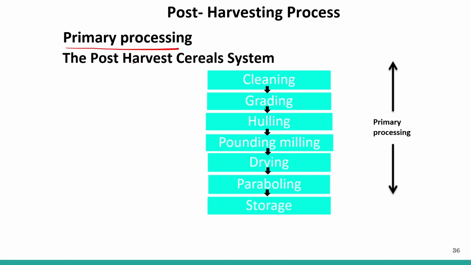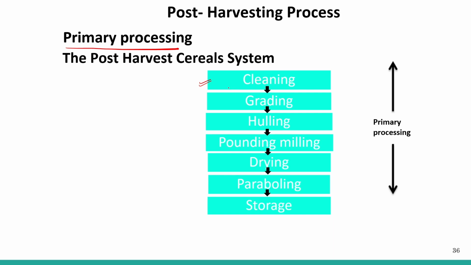So the primary processing is done after the post harvesting of the cereal, right? In this primary processing, we go for the cleaning of the seeds or the grains which we obtain after harvesting.